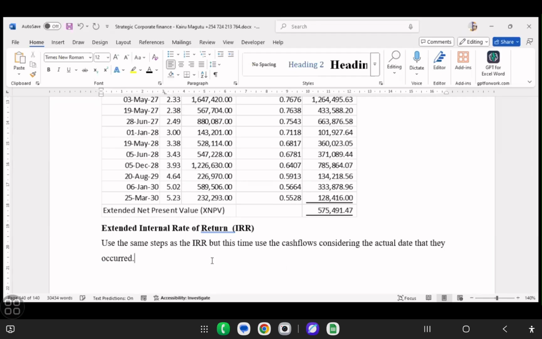That is it. When it comes to real practice, the best method to use is the extended IRR, but when it comes to the examination, the examiner will test the NPV and the IRR.